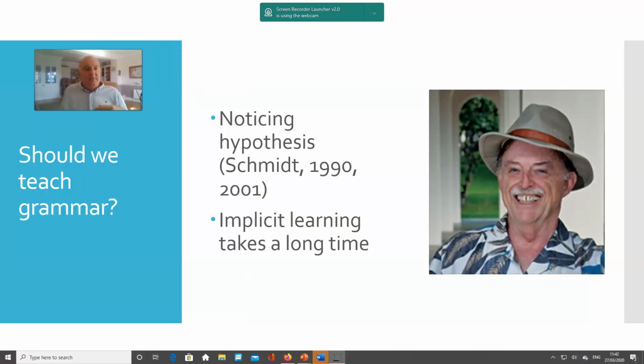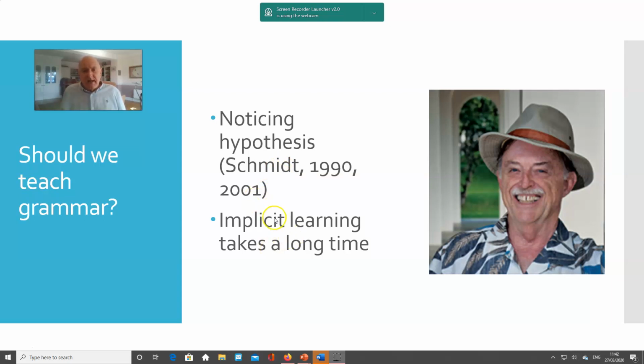Now, there's a fellow called Robert Schmidt who came up with his noticing hypothesis, originally in 1990, and then it was developed further in 2001. He said that for any acquisition of grammar to occur, you have to notice the form.